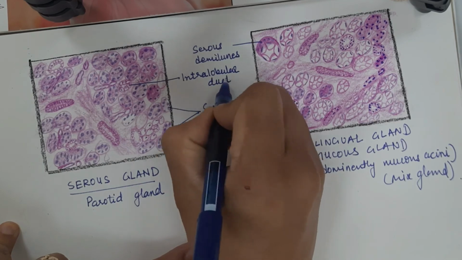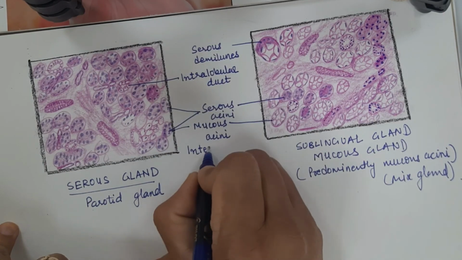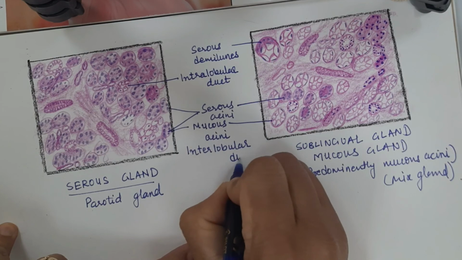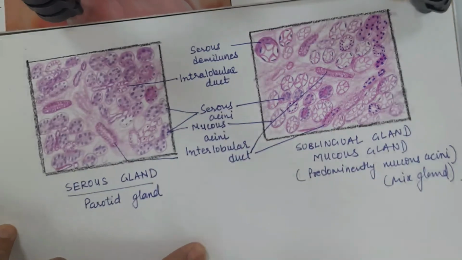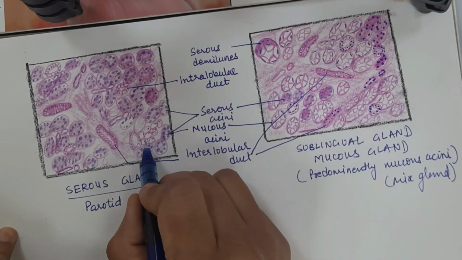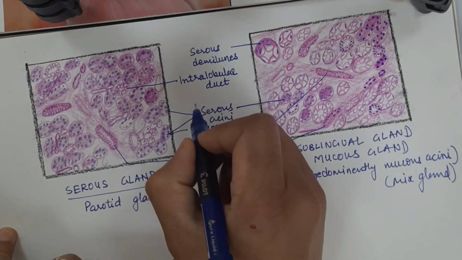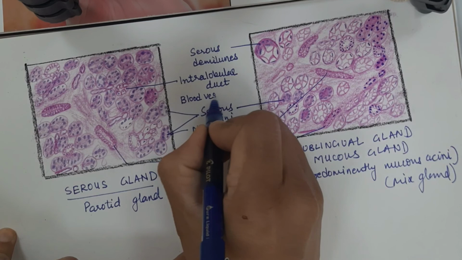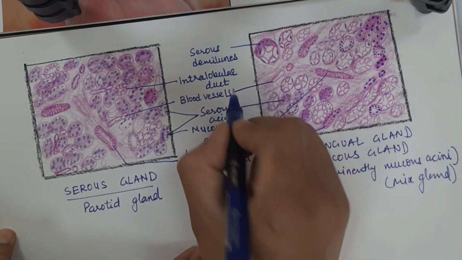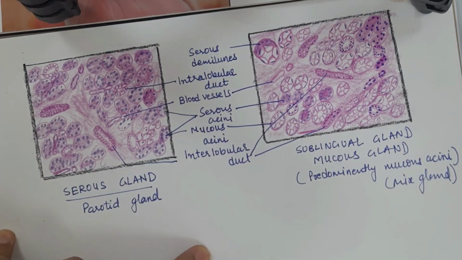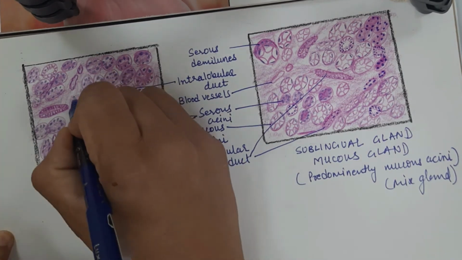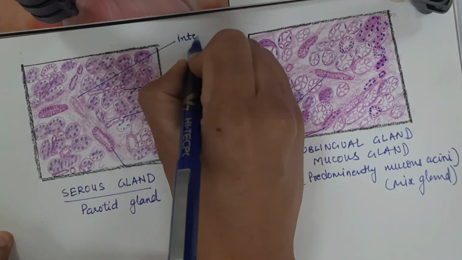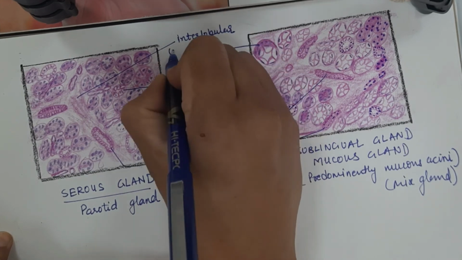It is crescentic in shape. Intralobular duct within the lobules, interlobular duct between the two lobes, blood vessels, connective tissue.